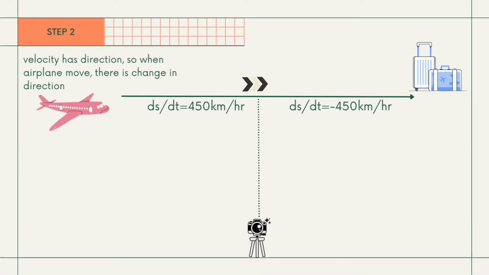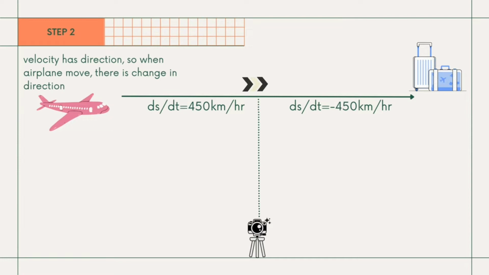Step 2, we're going to use pictures, so it will be much easier for us to imagine what the question is actually talking about. From the question, we already know that the velocity of the airplane is 450 km per hour. Since velocity has direction, when the airplane moves there is a change in direction.